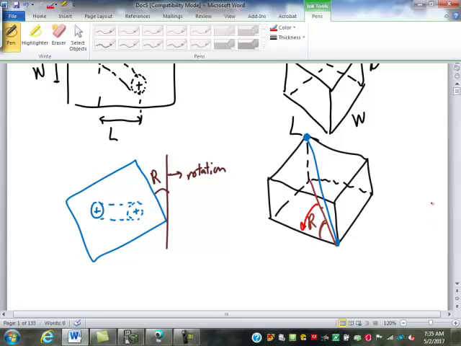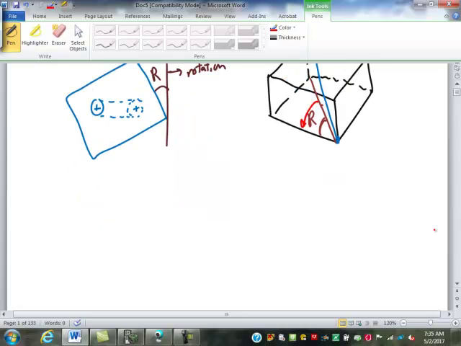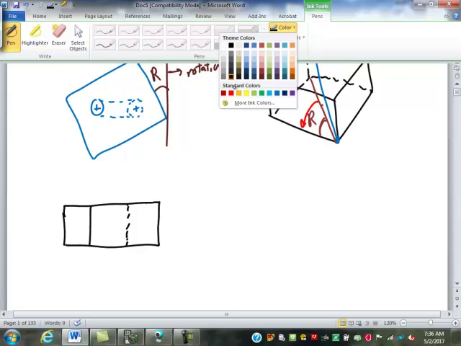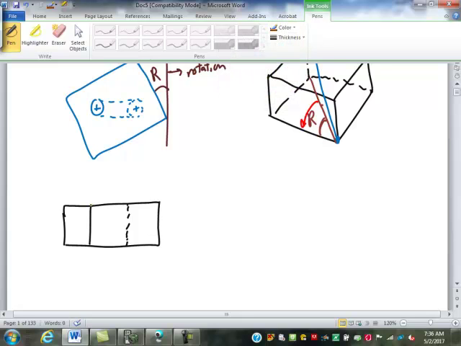Once we've done that, if we look at this from the end view, the side view here, front view, however you want to look at it, now the hole goes something like that.